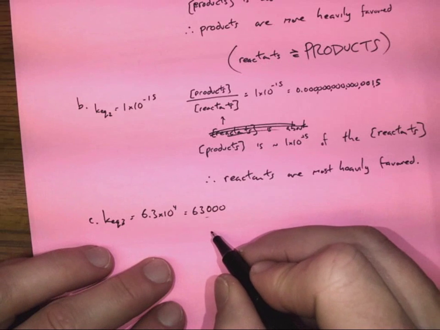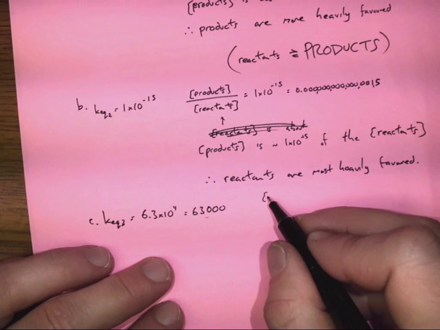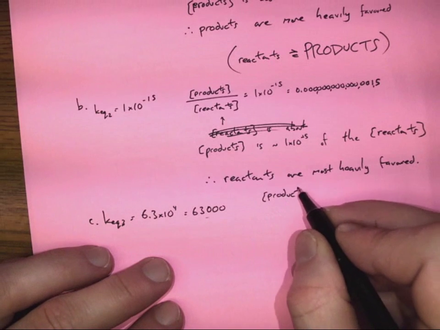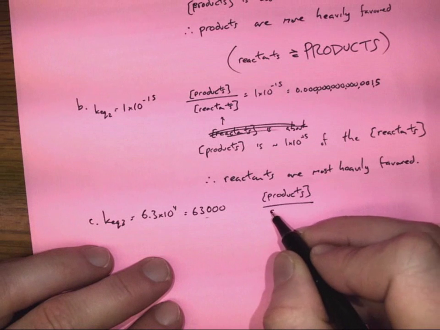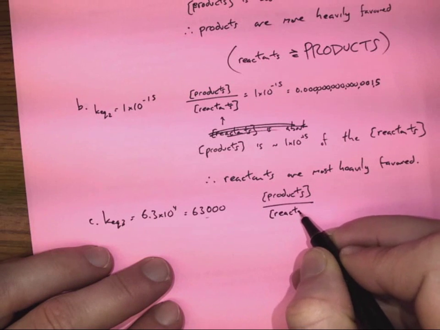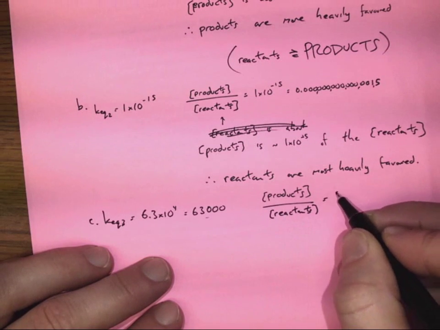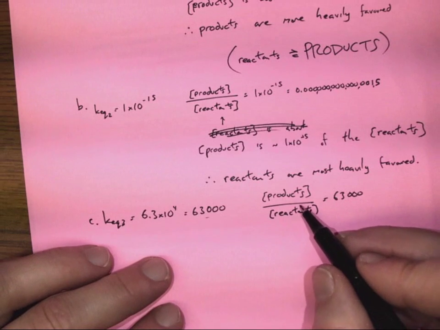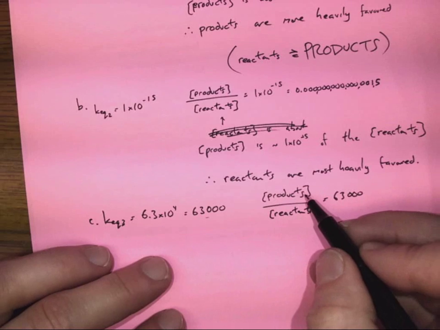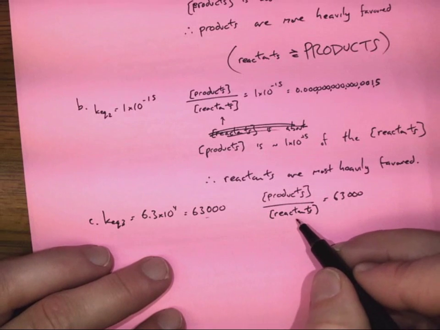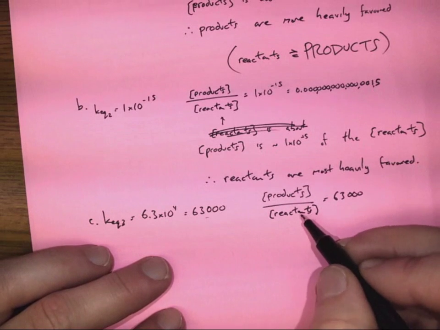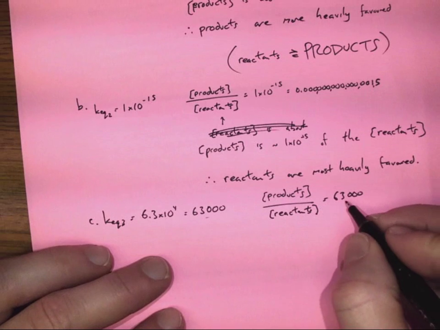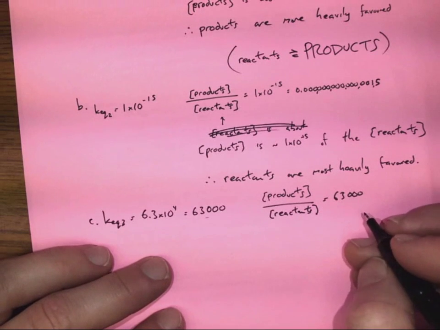That says that we have a concentration of products, and when we divide that by the concentration of the reactants, we get a number that's quite large. Now, the way you get a large number through division is if the number on top, the numerator, is much bigger than the denominator. This tells us a ratio. How much bigger is this? Well, it's 63,000 times bigger.